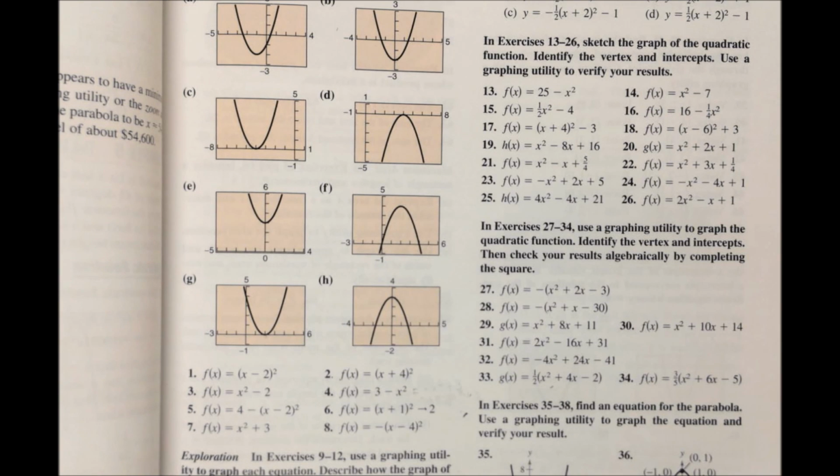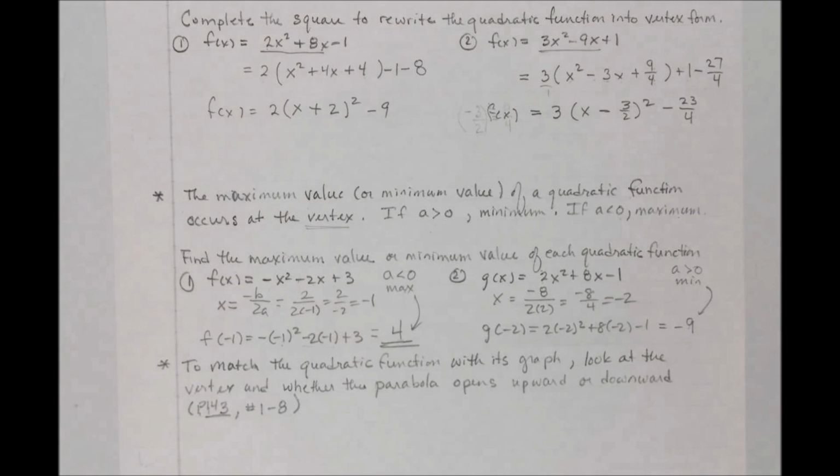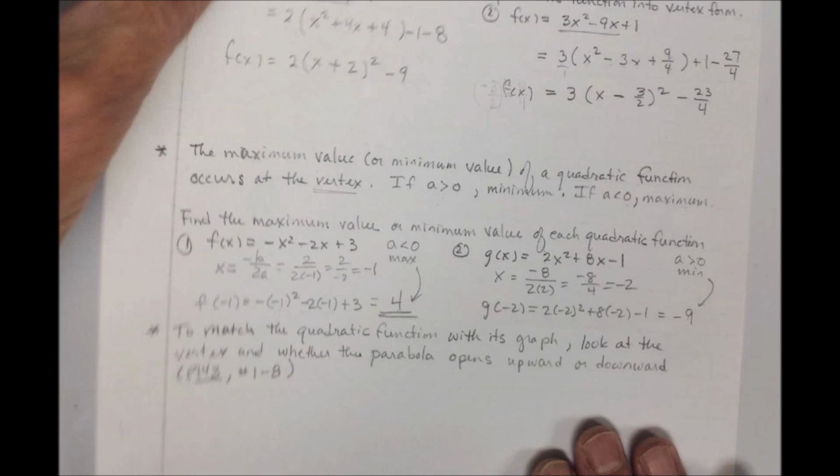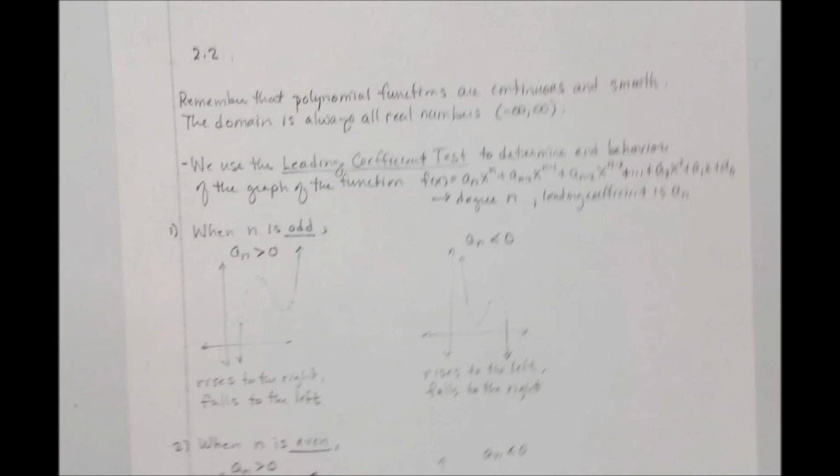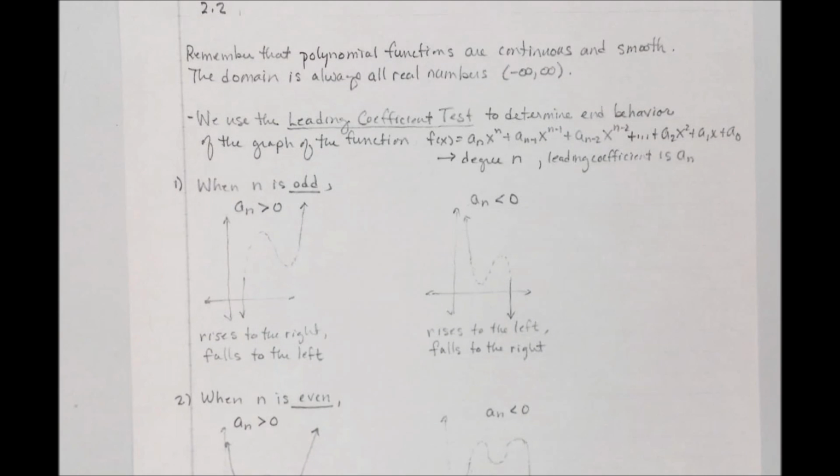All right, now, let's go on. Section 2.2. Remember that polynomial functions are always continuous and smooth. Continuous means no breaks, no skips, jumps, holes. Smooth means no sharp corners, like the absolute value function.